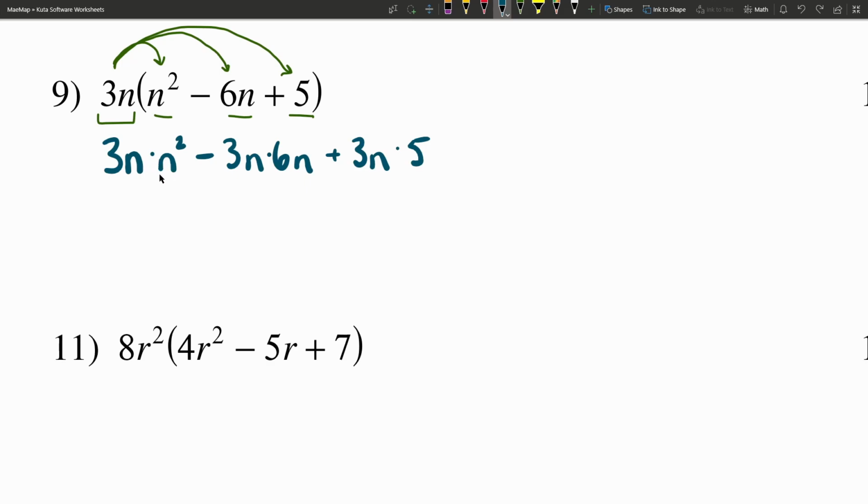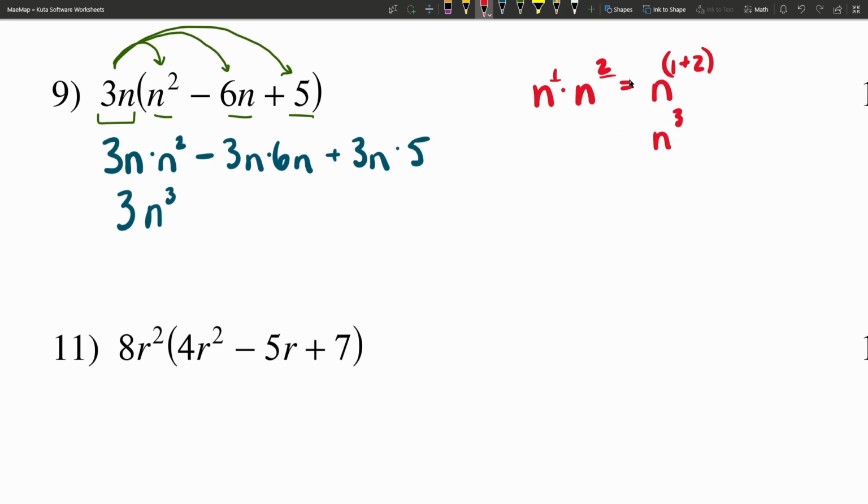N times n times n is n cubed, and that gets multiplied by a 3. And again, if you want to see this, n times n squared is the same as n to the first times n, which is equal to n to the 1 plus 2, because we add those exponents together. N to the 1 plus 2 equals n cubed.